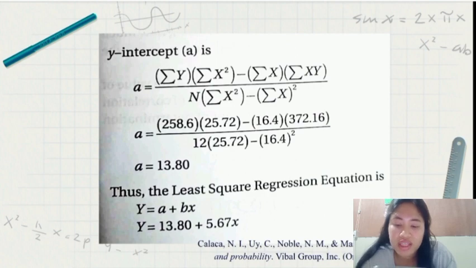So the y-intercept is 13.80. Thus, the least squares regression equation is y equals a plus b multiplied by x, or y equals 13.80 plus 5.67x.